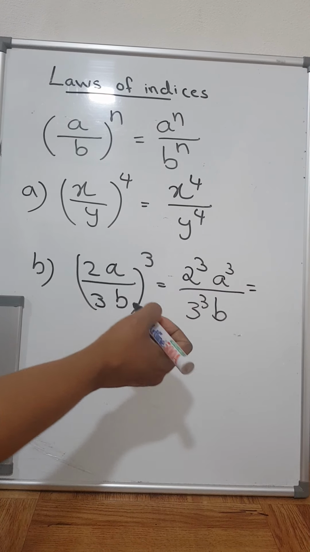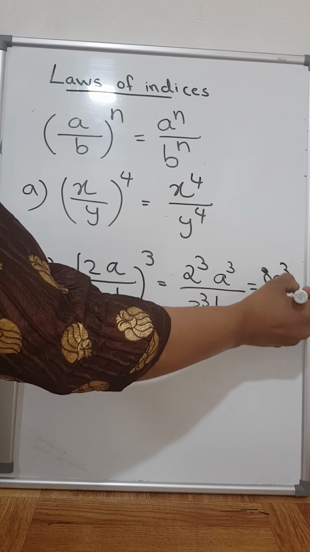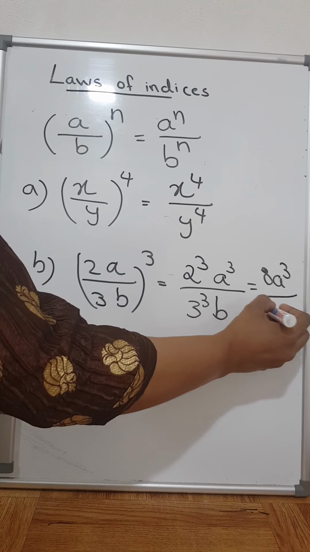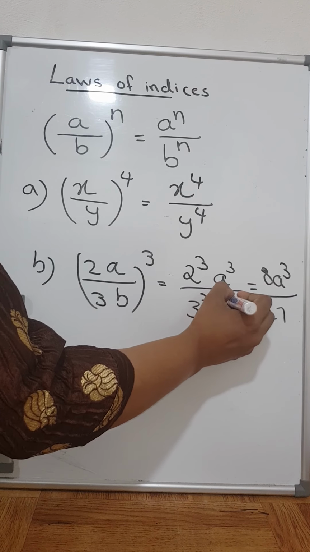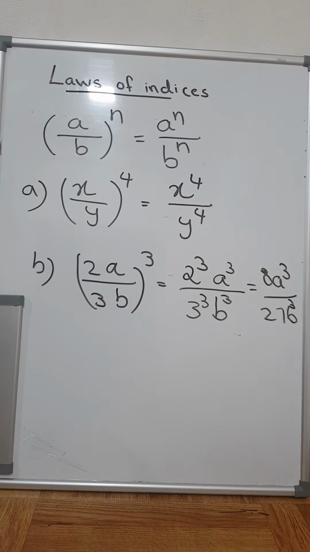That is same as 8 a cube divided by 27 b cube. Right? So I hope you understood both the rules. Now we will see some more interesting things about indices.